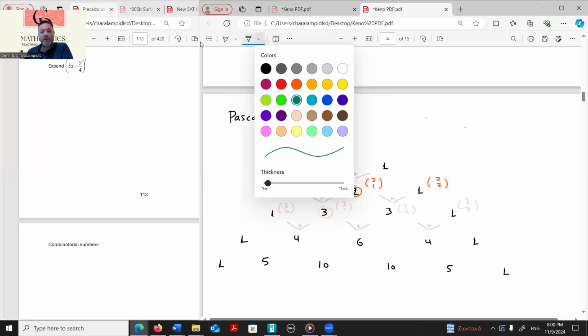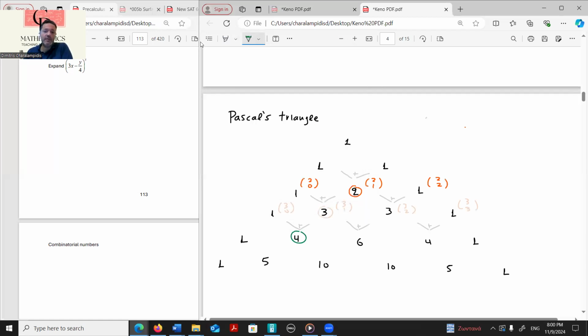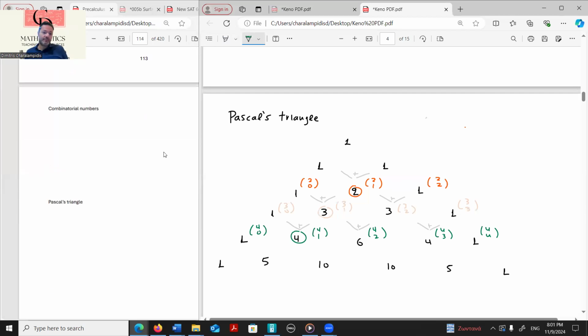Similarly, we have 4 here, so this line's numbers express the combinatorial numbers of 4: 4 choose 0, 4 choose 1, 4 choose 2, 4 choose 3, 4 choose 4, and so on. So this is a quicker way to calculate the combinatorial numbers without the need of over repeating the formula.